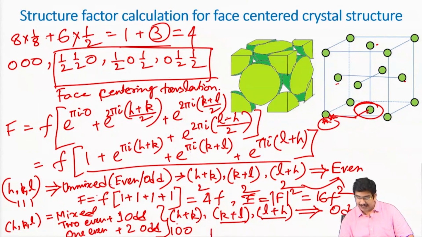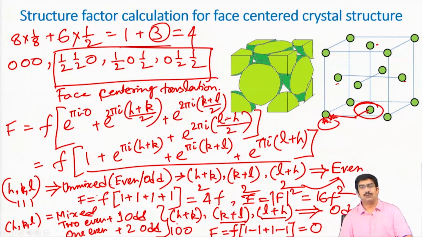So, in this case F will be something like F, the atomic scattering factor, into 1. The first one, H plus K, is an odd number, so this is giving me -1. K plus L is again an even number, so this is going to give me a +1, and the last one is again -1. So, altogether this will be 0. I will not get any intensity from a 100 plane in case of a face centered cubic crystal structure.